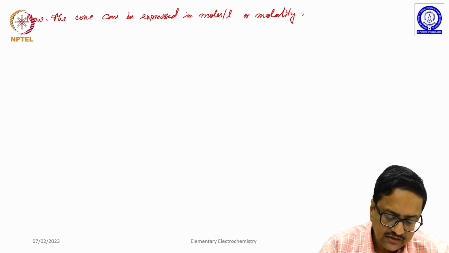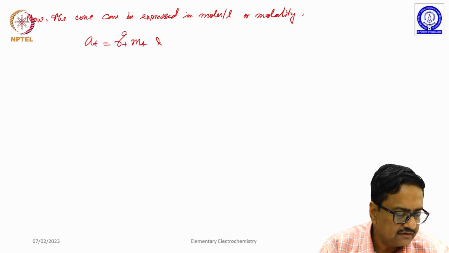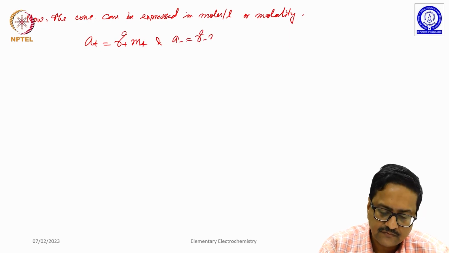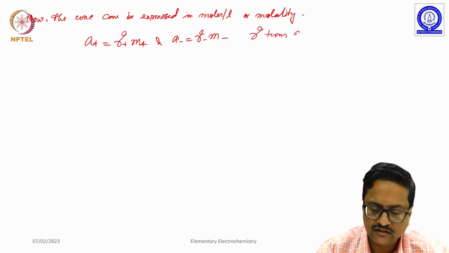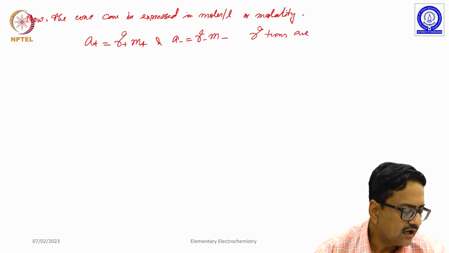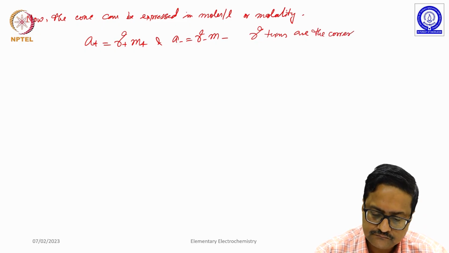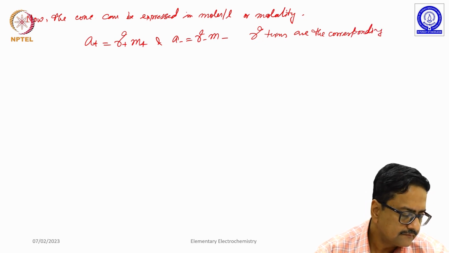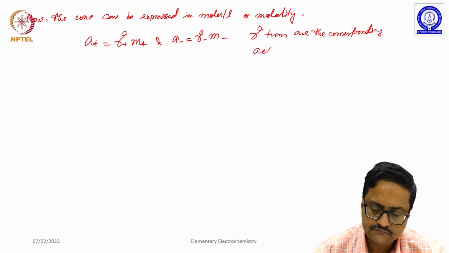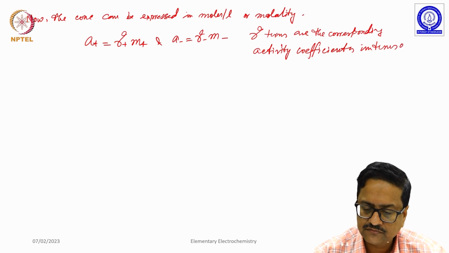So, then a plus is gamma plus m plus, and a minus is equal to gamma minus m minus, where the gamma terms are the corresponding activity coefficients in terms of molality.